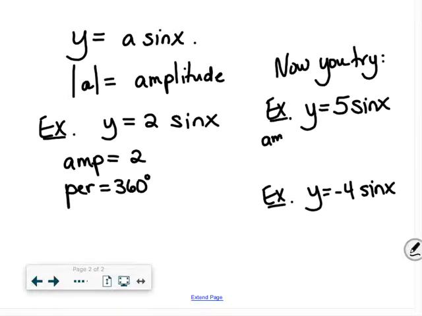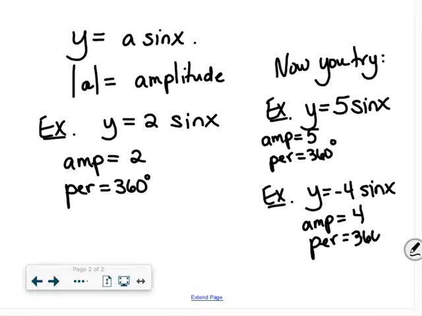So in this one, the amplitude, absolute value of 5, is 5, and the period is 360 degrees. On this one, the amplitude is not -4, okay? It's the absolute value. And I'm going to graph 2 of these for you so you can see how this works.